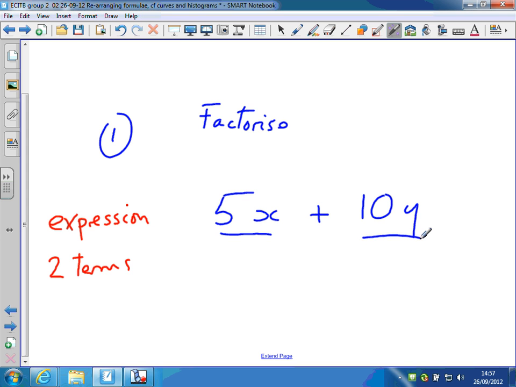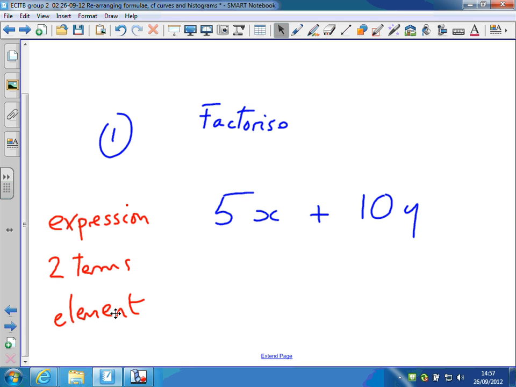And within the term, each individual part of that term is called an element. So five and X are called elements within that term. 10 and Y are elements within that term. So when I ask you to factorize something, what I'm asking you to do is look for a common element in each of those terms and then extract that from a bracket.